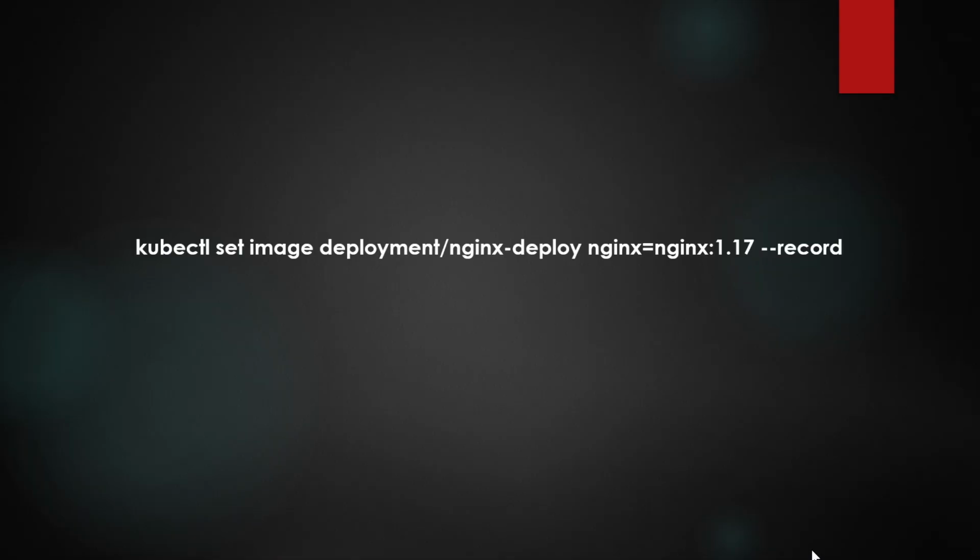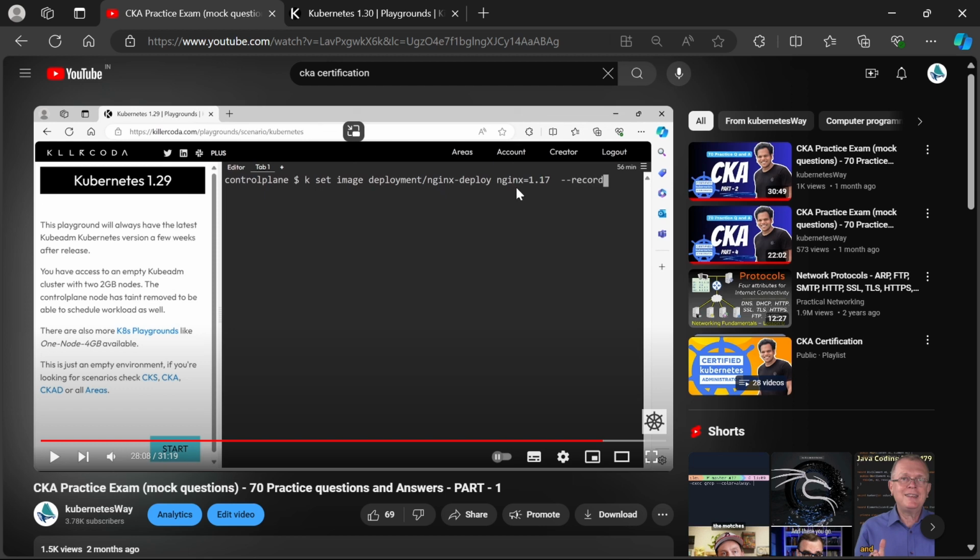Please make sure to use the correct command. Mistakes like this happen because I didn't verify the answer after making changes. If I had checked the answer after updating the image, I would have caught the issue. I encourage you all to verify each and every answer after making changes in the exam.